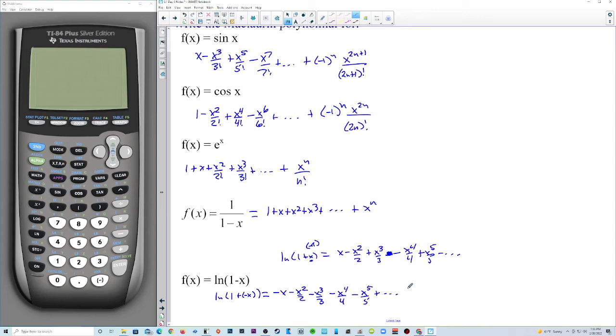Keep on going. So the nth term is negative x to the n over n. But n's going to start with 1. So if we wrote the sigma notation, we'd say n equals 1 to infinity of negative x to the n over n.